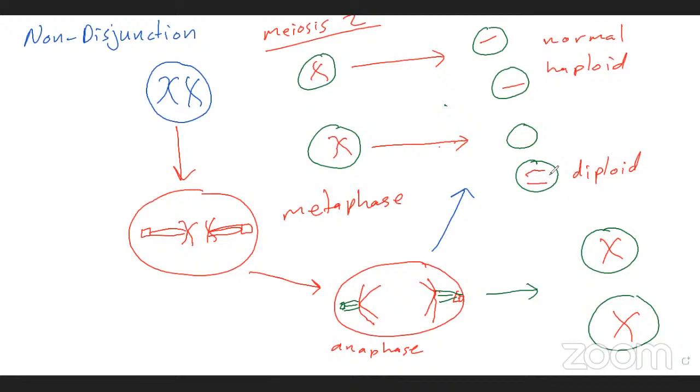Turner syndrome has less. So Turner syndrome would be like if this one, right, Turner syndrome, this plus this. I'm going to call it TS for Turner syndrome. This plus this.